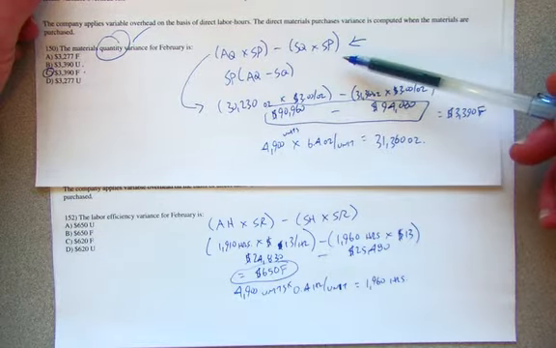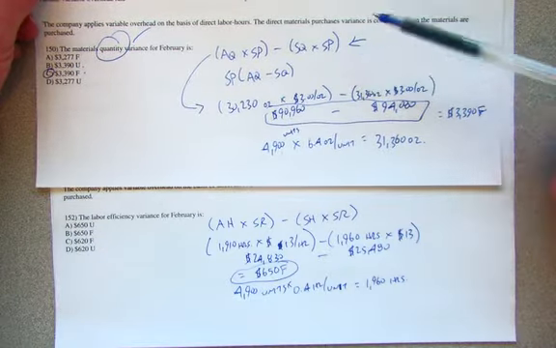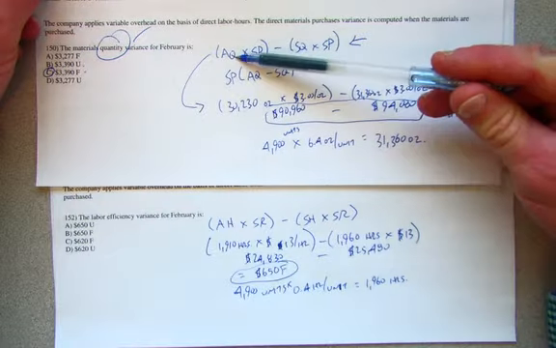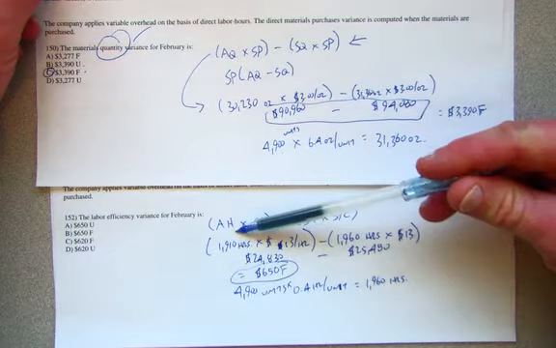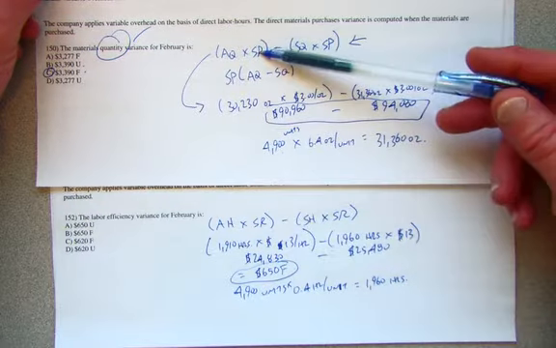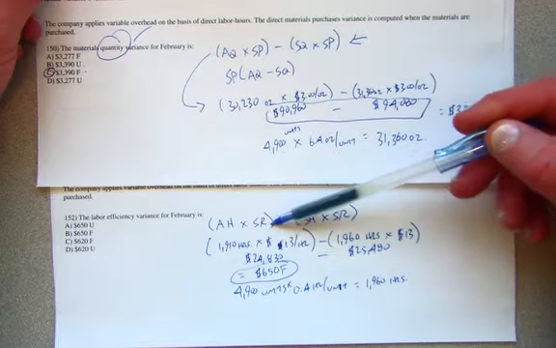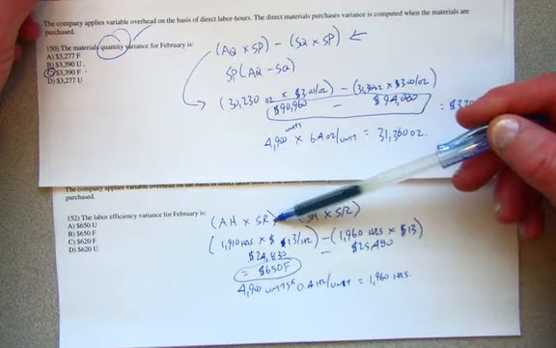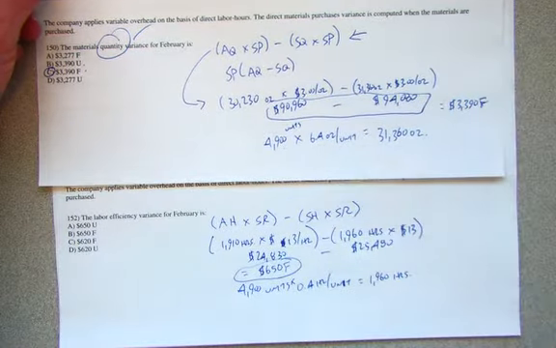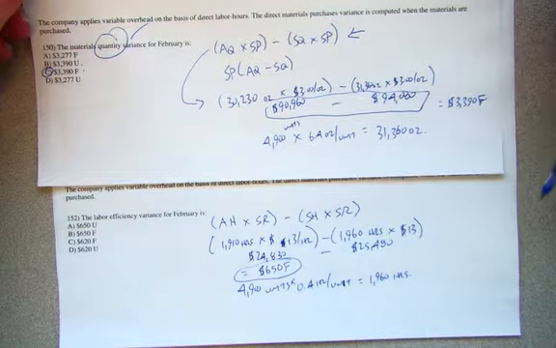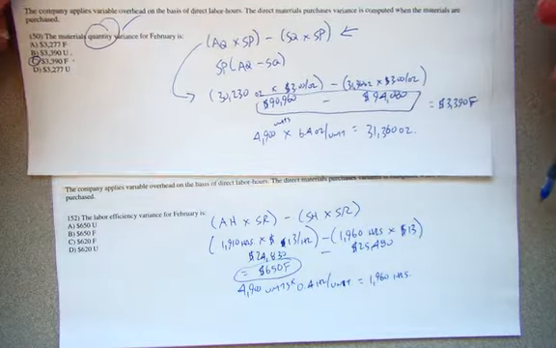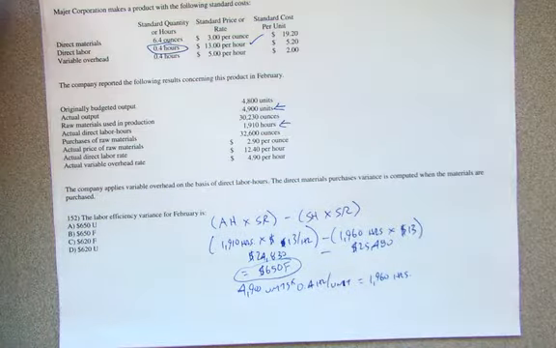Both formulas have plenty of parallels: actual quantity of materials used, actual hours of labor used; standard price per ounce of material, standard rate per hour of labor. So you can see the formulas really are nearly identical with just some changes in terminology because it's people instead of things.